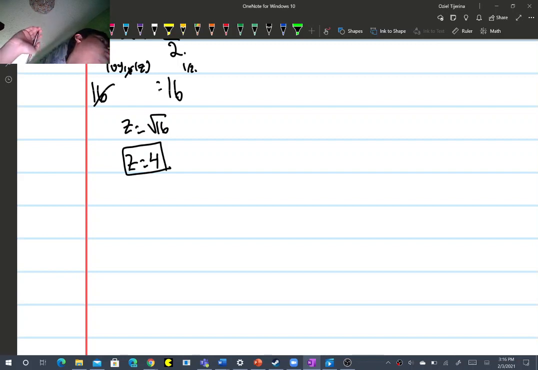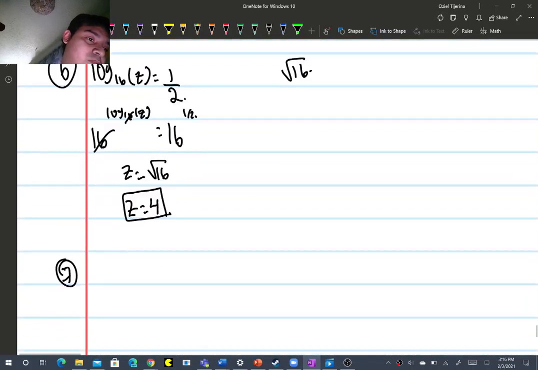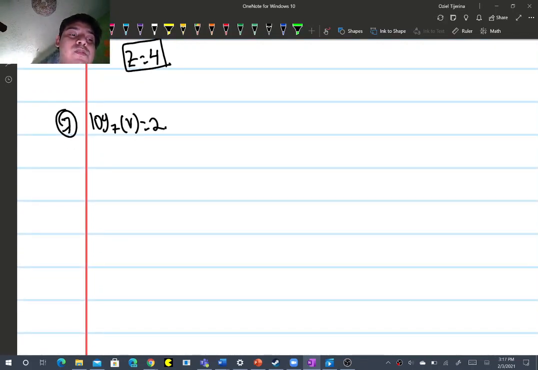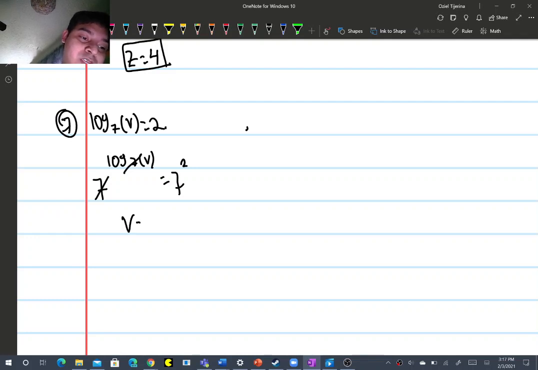And let's see, for number 7, log base 7 of v equals 2, so we're going to say 7 to the log base 7 of v equals 7 squared, okay? The log cancels out, so we get v is 7 squared, which is 49, okay?